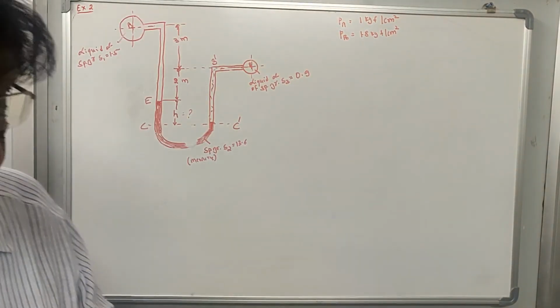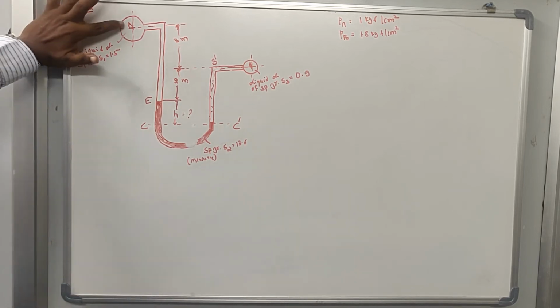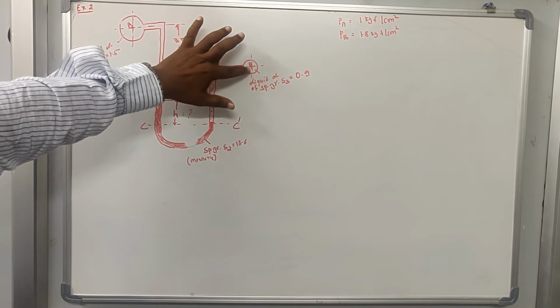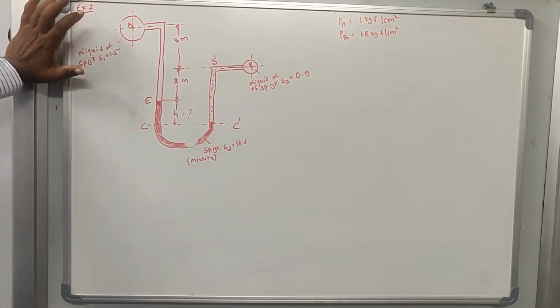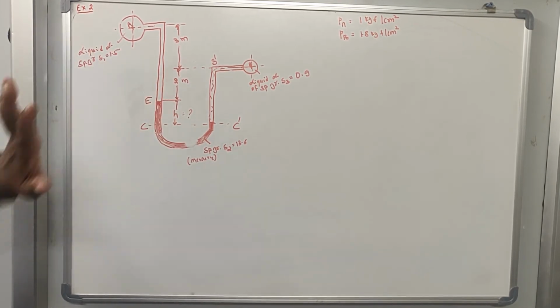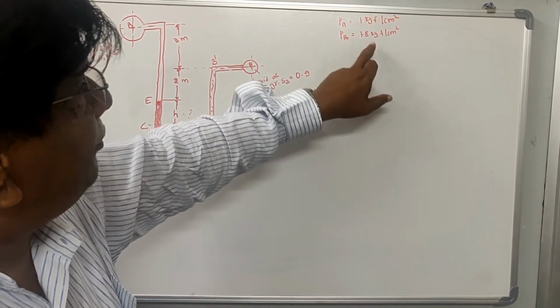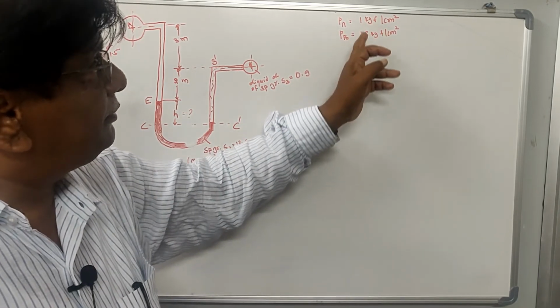So this is the problem. We know the pressure intensity at point A, we know the pressure intensity at the other pipe B, and we are required to find the mercury column height H. In this, first, see, the pressures are given in MKS units, so you can convert these dimensions first.